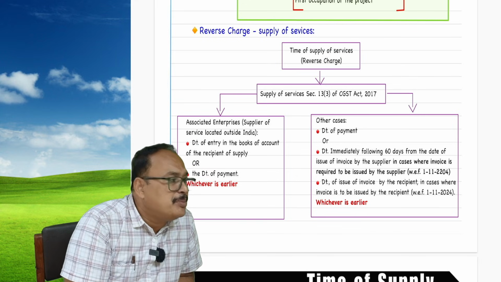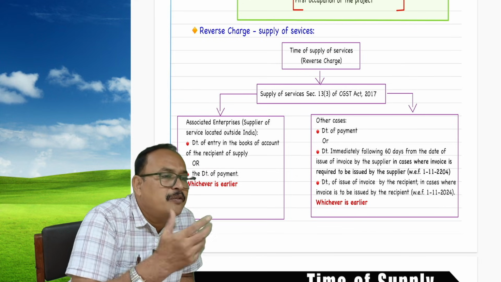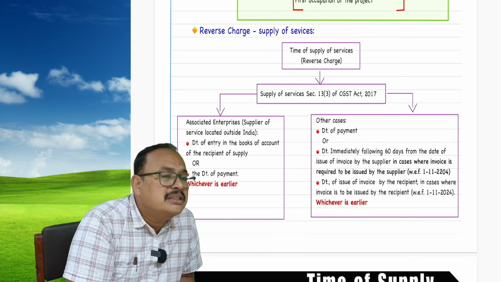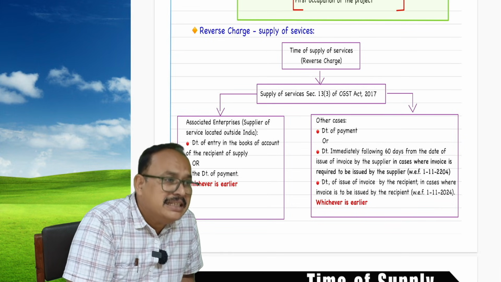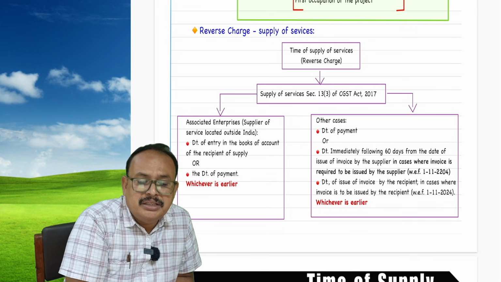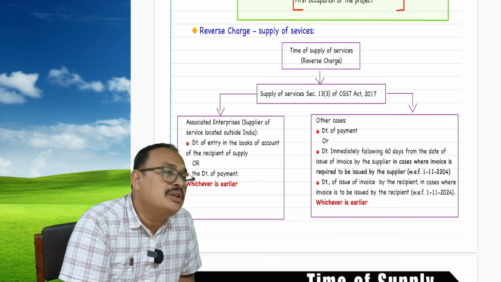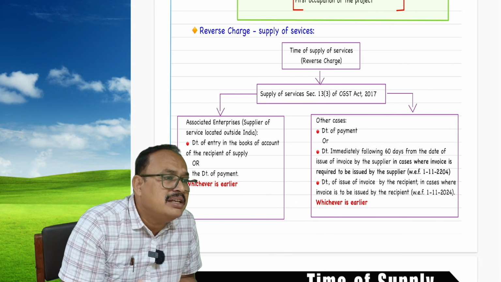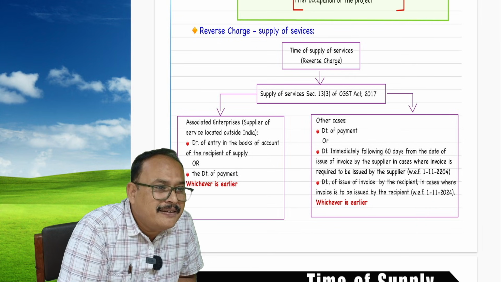If the supplier is an unregistered person, date of payment or date of issue of invoice by the recipient, if the recipient is liable to issue invoice, whichever is earlier. Is that clear?